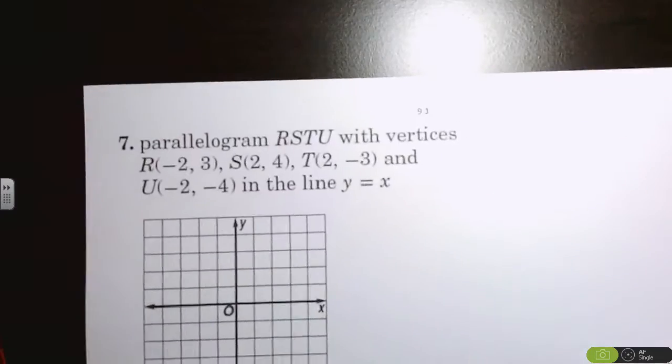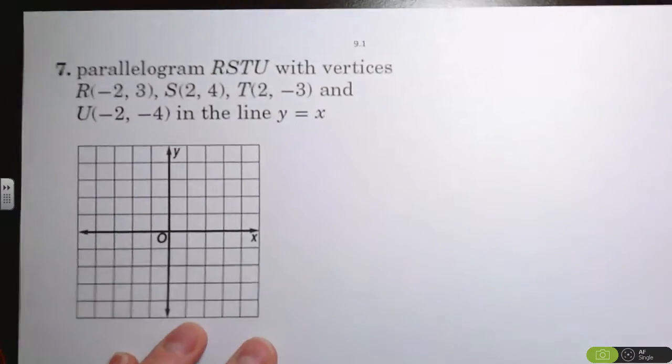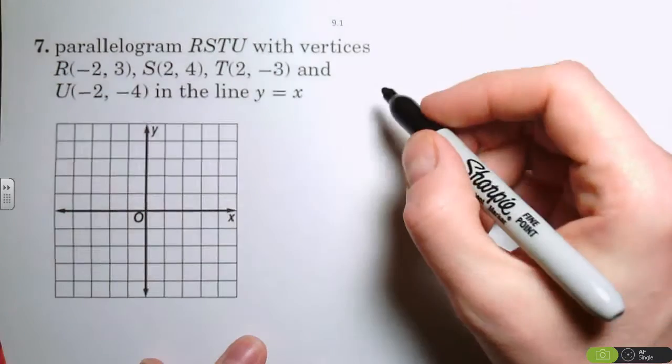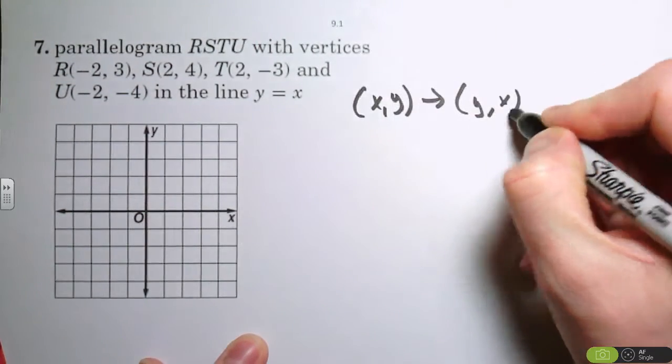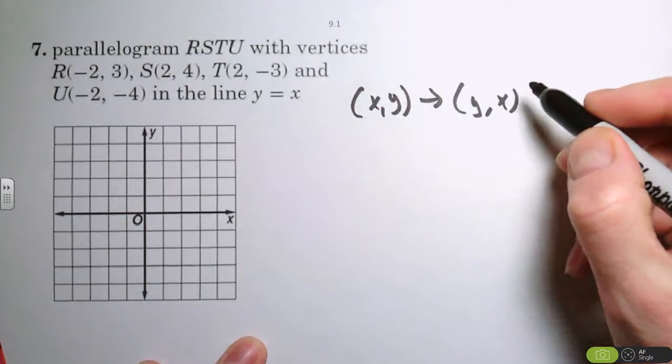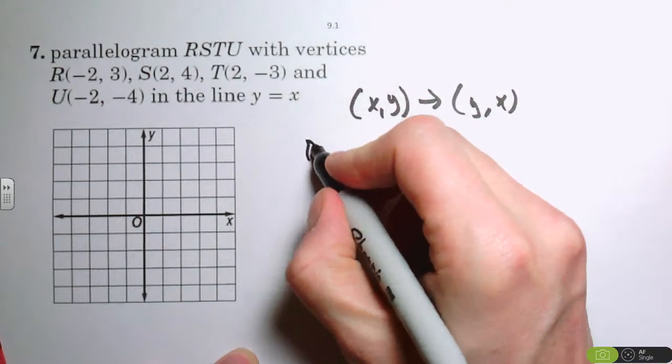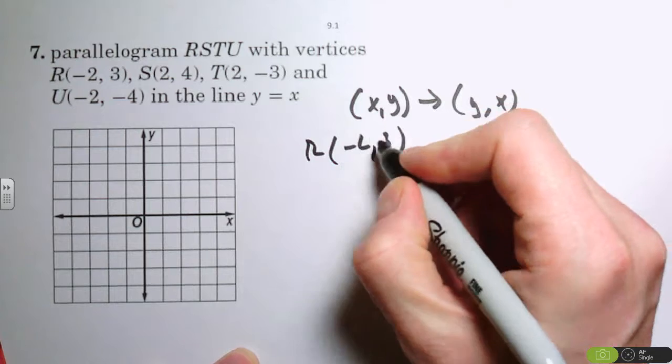Okay. Now the last one is a reflection across the line y equals x. In order to do a reflection across the line y equals x, the formula becomes (x, y) is (y, x). And the book says transpose, or just swap the coordinates. So R is at (-2, 3).